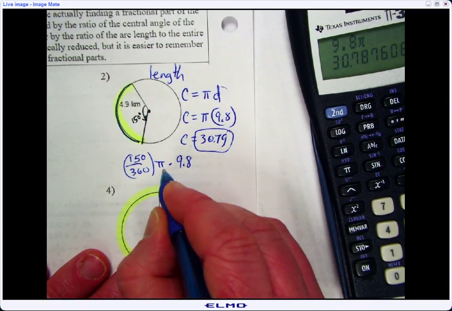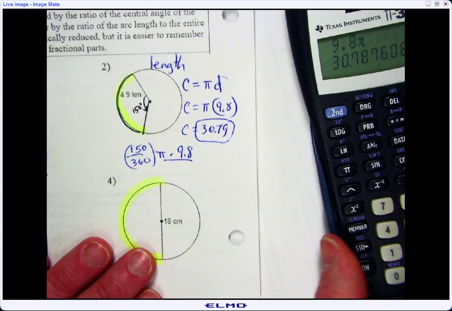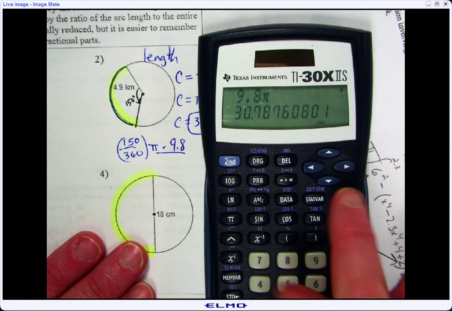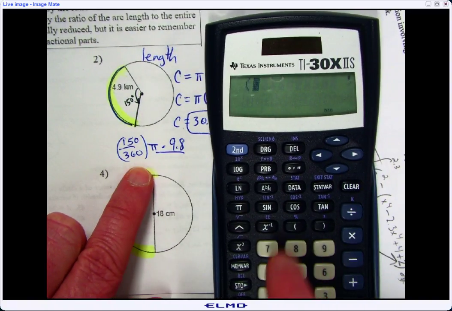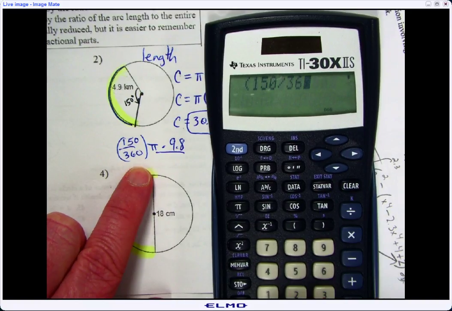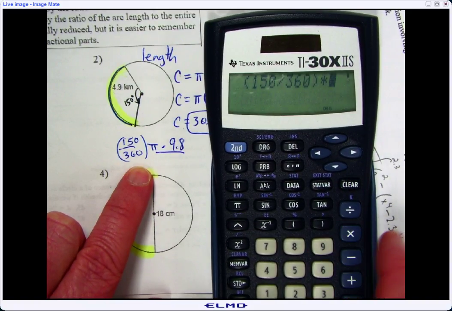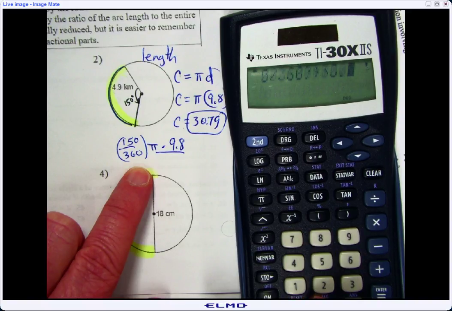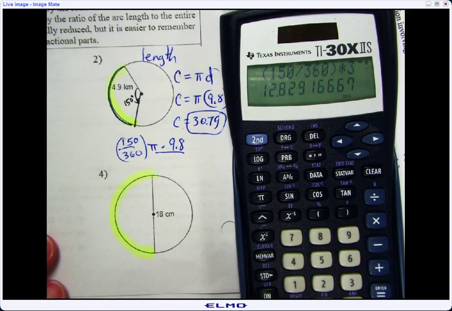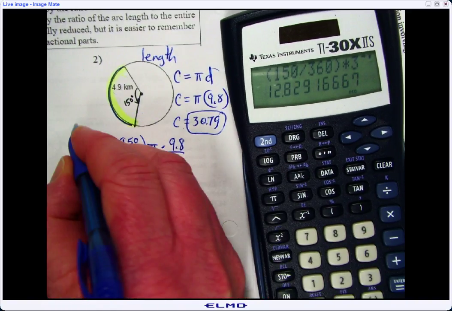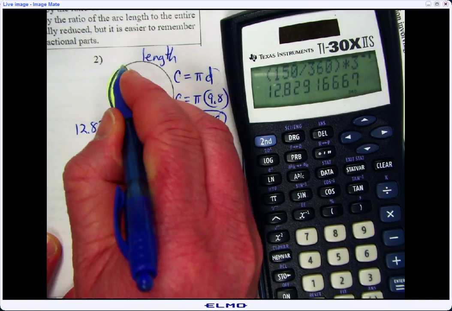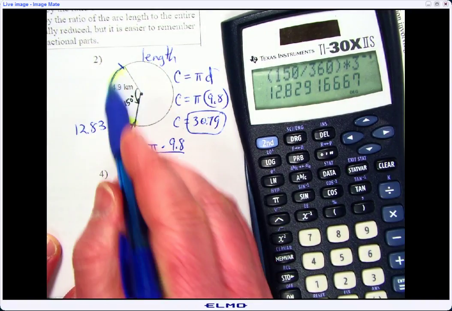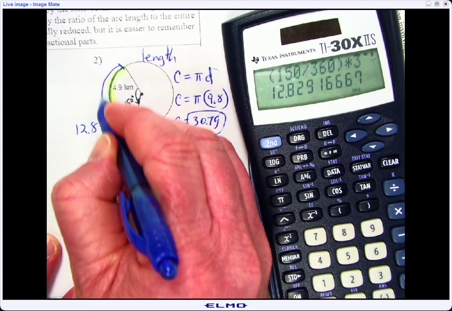That pi times 9.8 is 30.79. So I'm going to do 150 out of 360 times 30.79, which is 12.83. And that is this length right here of that arc. It's the distance if you had to walk around there.